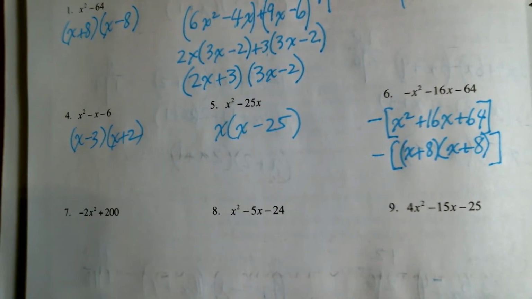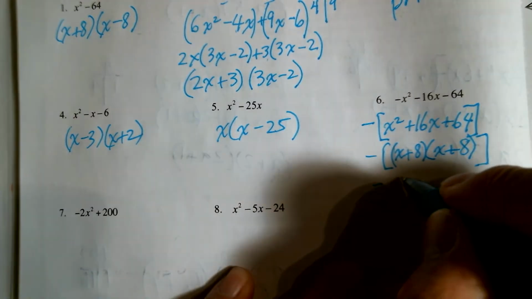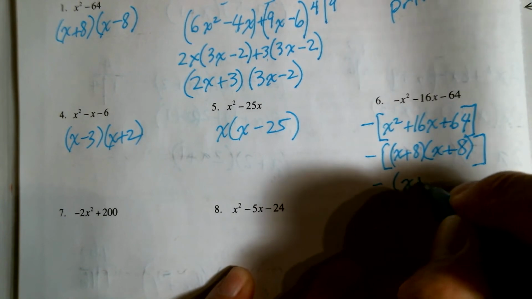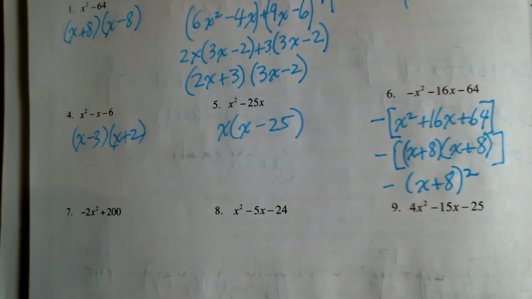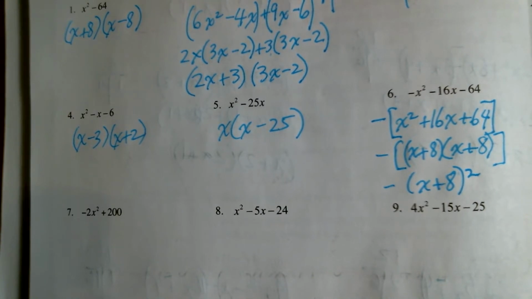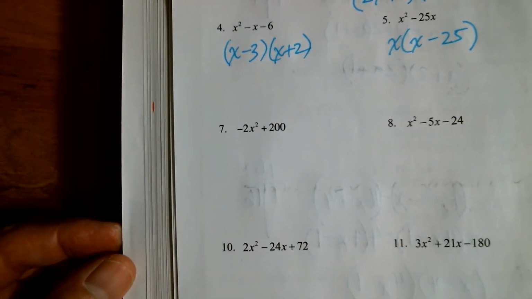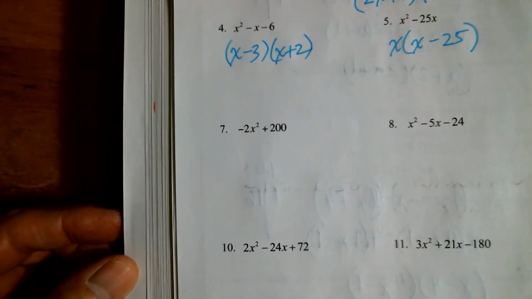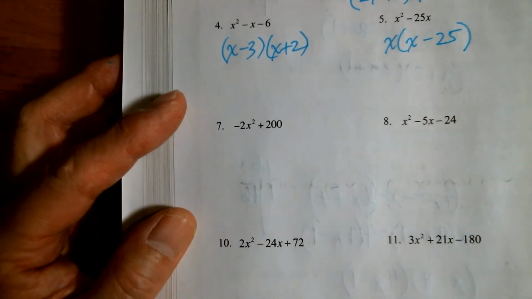That negative sign still stays there, and we can further simplify this like this. Look at that. Alrighty. So I'm going through these quite quickly, but I hope you get the hang of it. You can practice on your own if you didn't do this part yet.